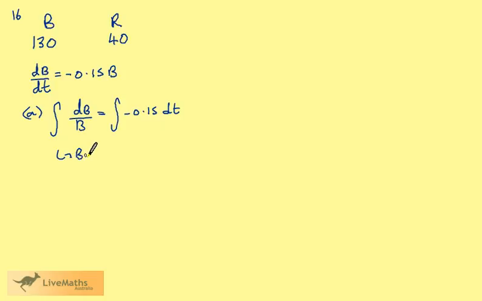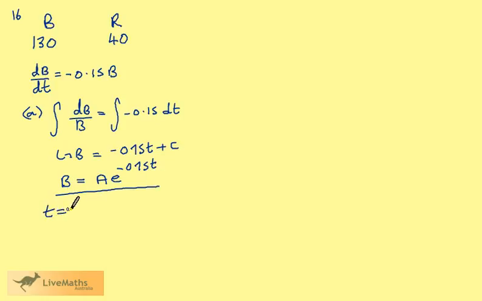So ln B is equal to negative 0.15 t plus some constant. That gives us an equation of the form B is a constant times e to the negative 0.15 t.